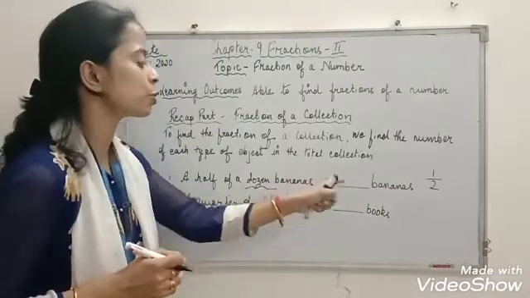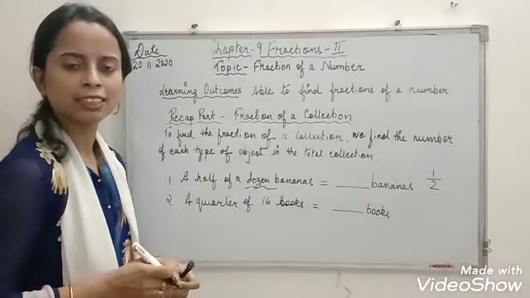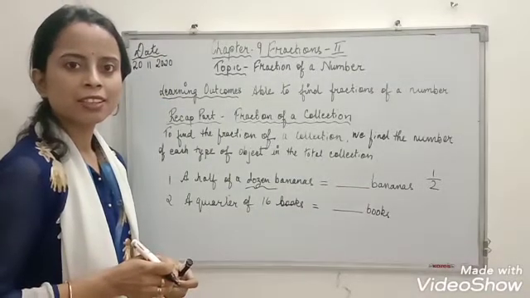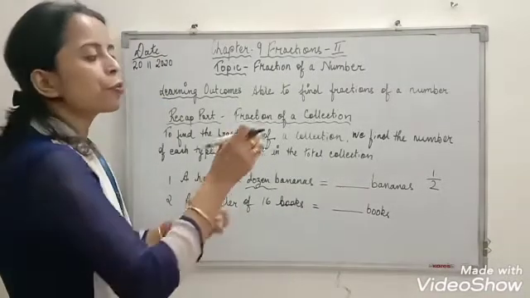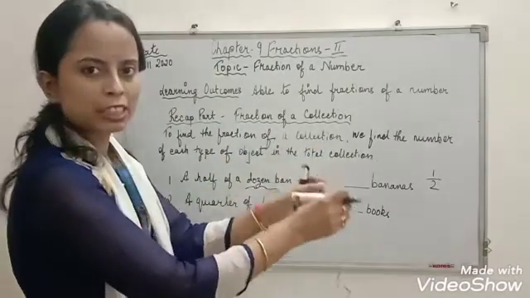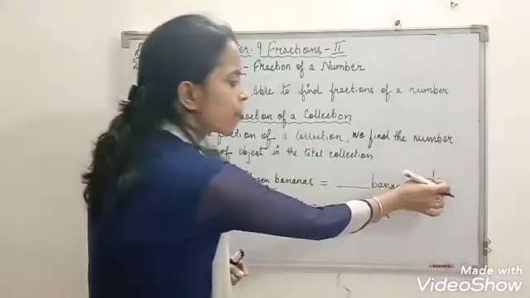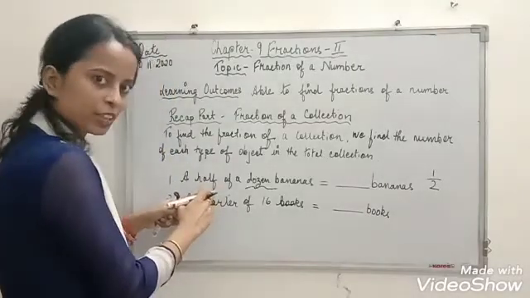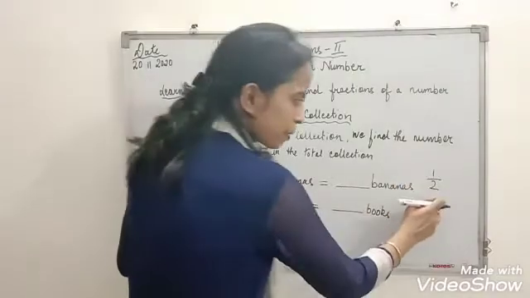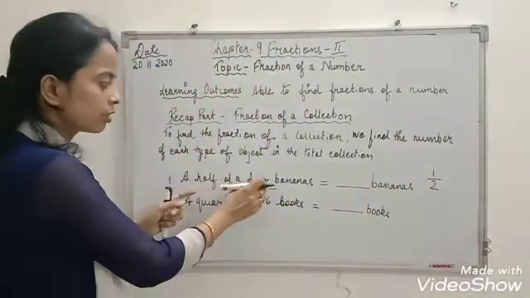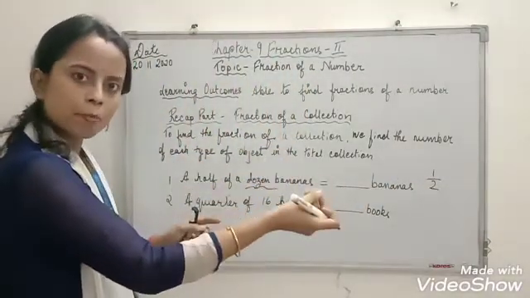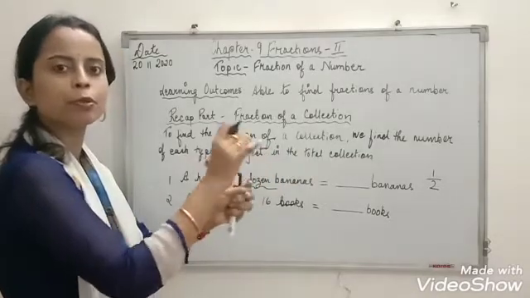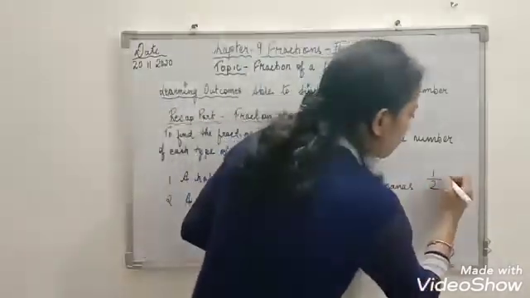So what will you do to find the number of bananas? Yes, we are going to multiply the number with the fraction. The fraction, half, I have written as 1 by 2. A dozen bananas, with 12, that's the number. We are going to multiply the number with the fraction. Half into 12.